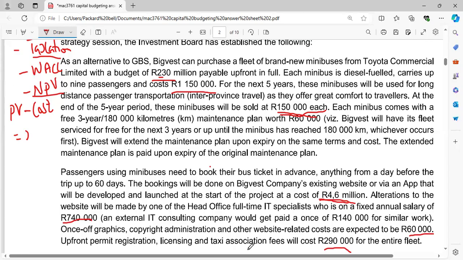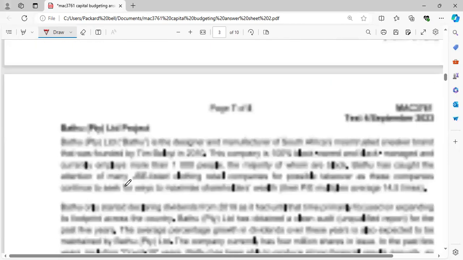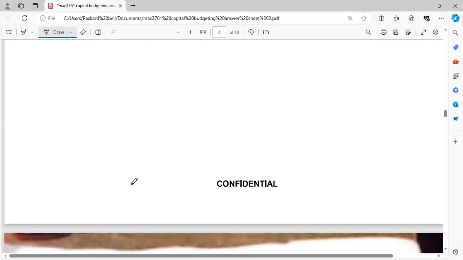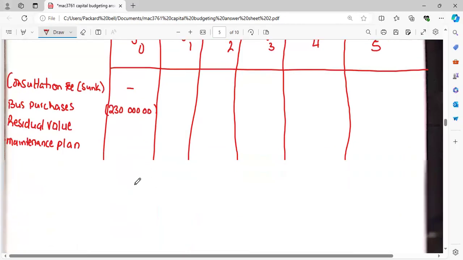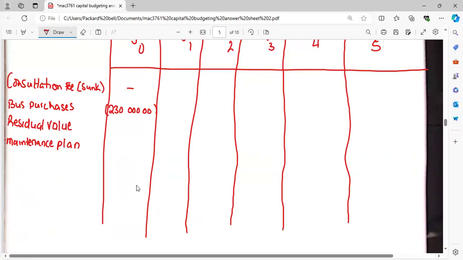The app development, is it capital expenditure? Yeah, the app development is also part of the capital expenditure. So we have app development of 4,600,000.